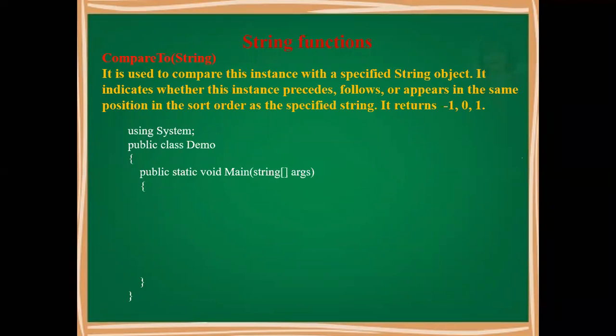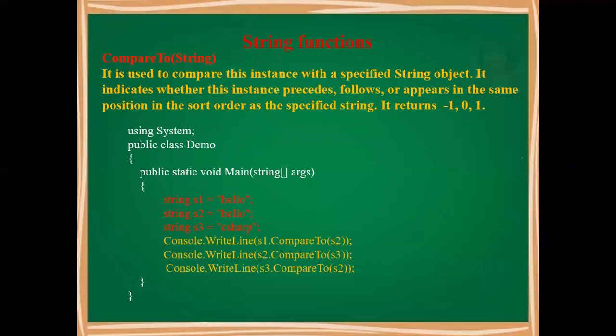Using System, again the program I am showing, public class demo. We have created three strings, S1, S2, and S3. In the first we have written hello. In the second we have written hello because we have to check the comparison. And in string S3 we have written C sharp.